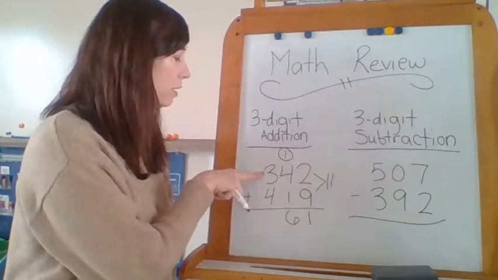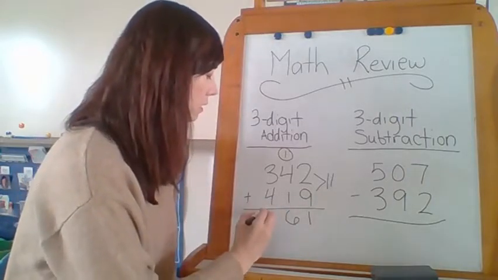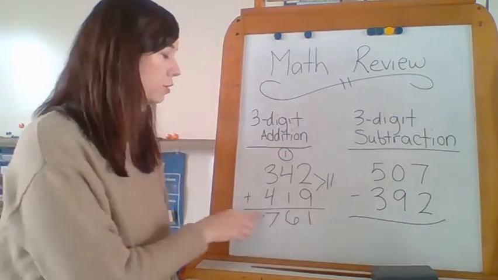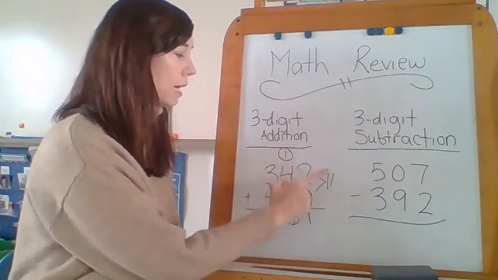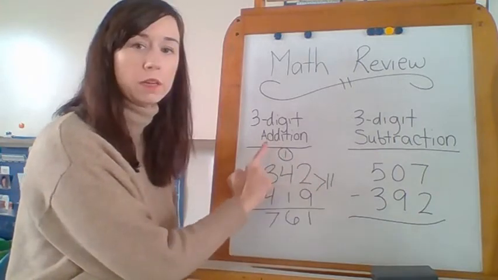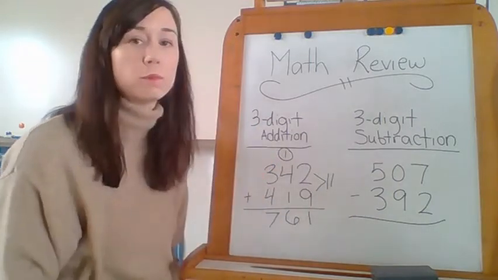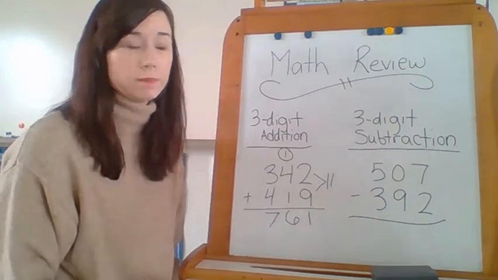All right, so here I have 300 plus 400, and that is 700. My answer is 761. All right, so here again is how I showed my work. And then when I explained, I also used the term regrouping to show what I've learned.